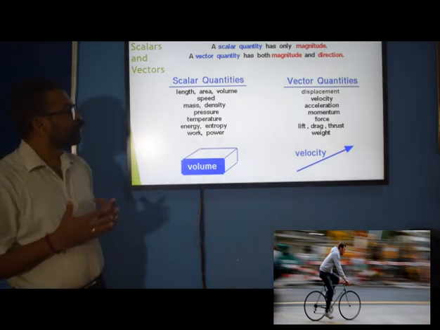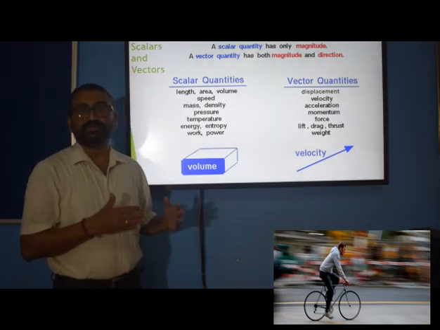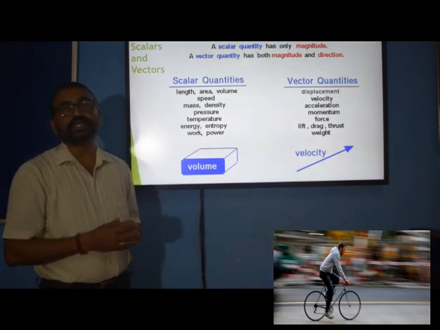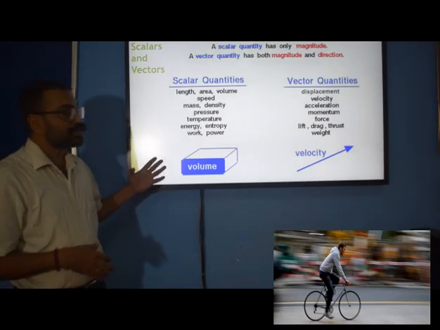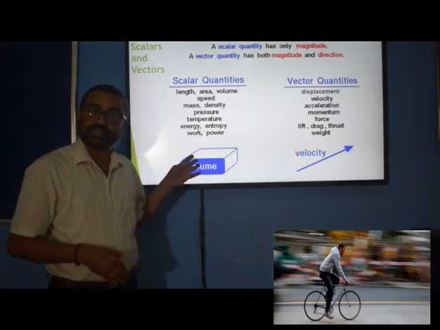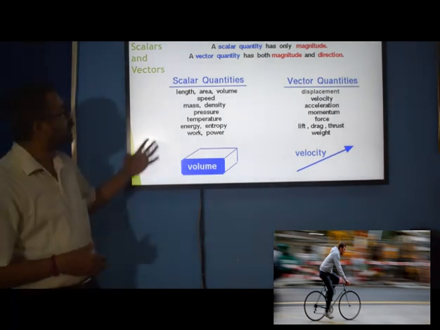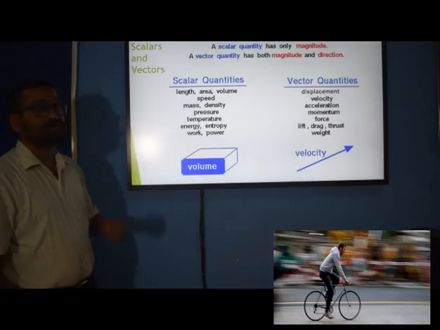Those quantities which are specified with a certain direction are called vector quantities, and the quantities which are not specified with a particular direction are called scalar quantities.